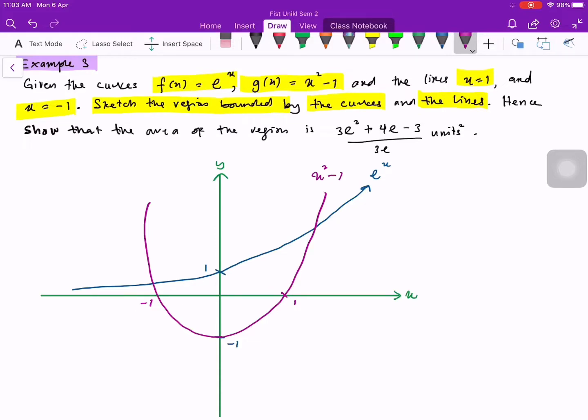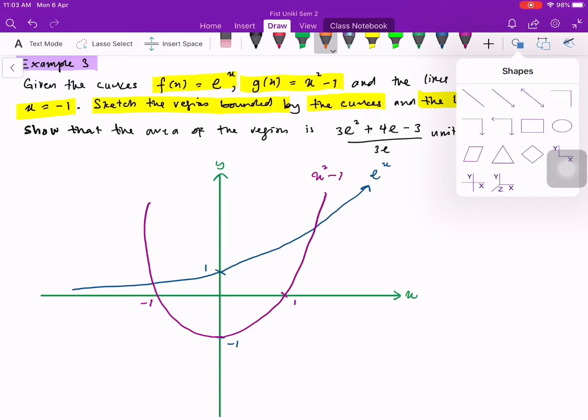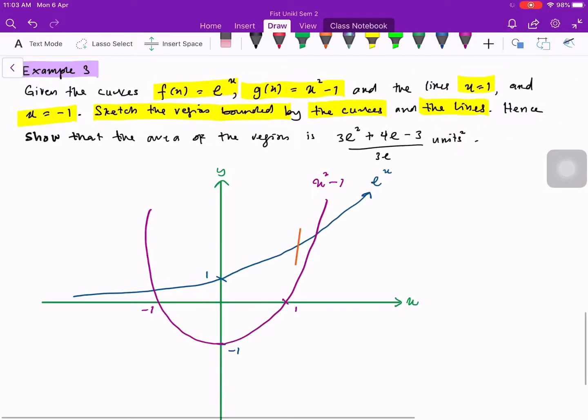So we have a vertical line for this one.